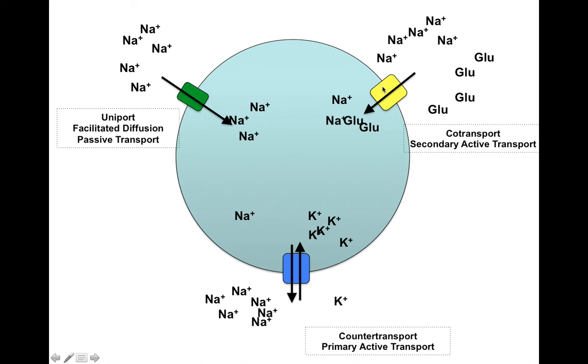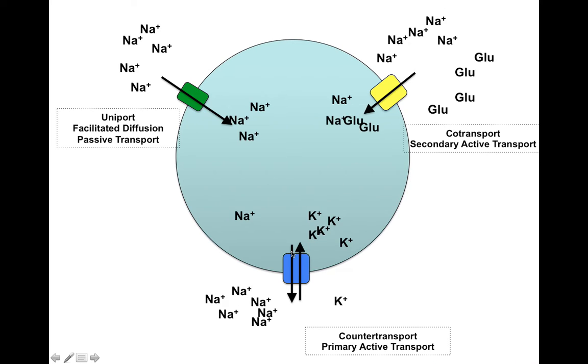In the cell, you'll find that this particular mechanism relies on the ability of a sodium-potassium pump to be running at all times. And that's because as this sodium begins to move into the cell, it starts to reach equilibrium.